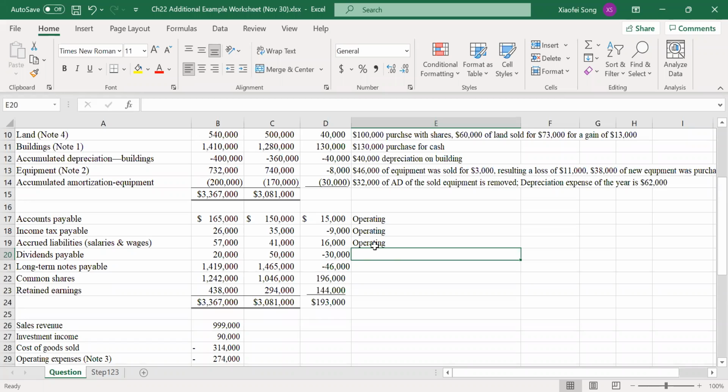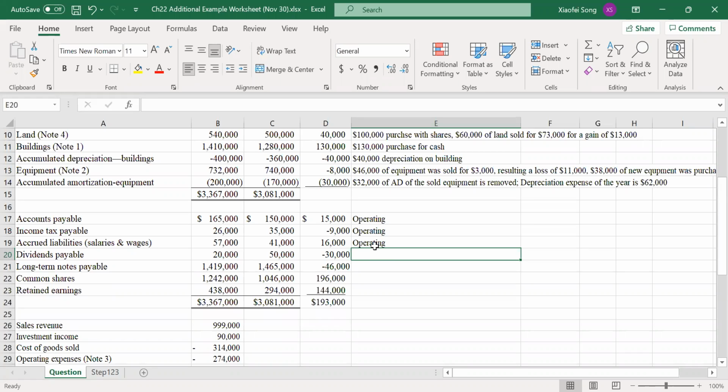So dividends is not an expense. It's not in the income statement, right? But the dividends explain part of the change in retained earnings, right? However, dividends declared and dividends paid may not be the same. That's hence the dividends payable.